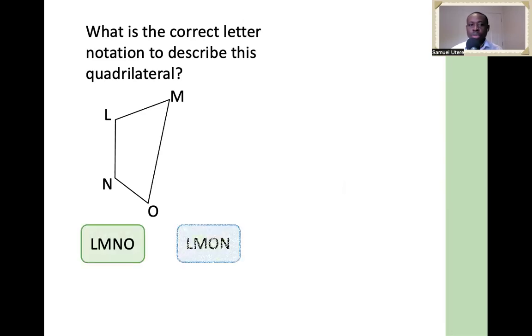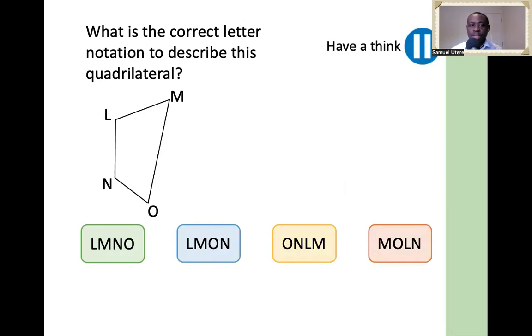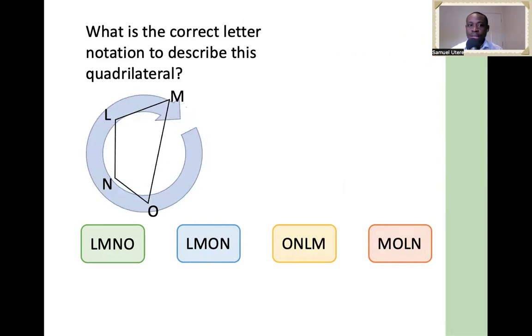So which one do you think of these describes this quadrilateral? Well, you may not get it right, but that's fine. The whole point of this is for you to know that when we label quadrilaterals, we do it cyclically. So the letters are read in a clockwise fashion. That's rule number one.